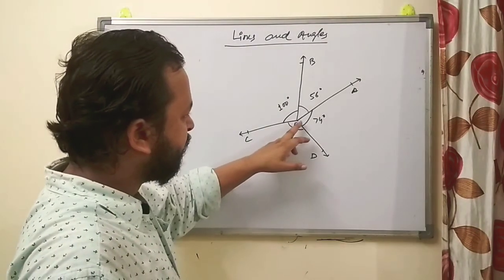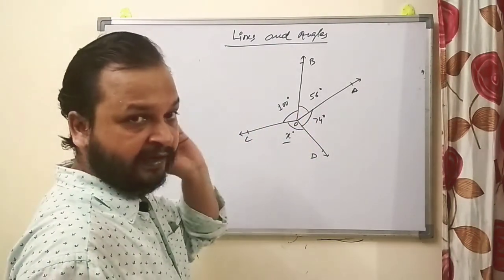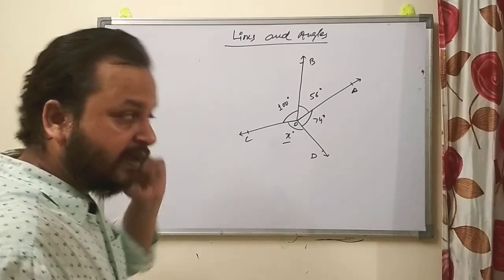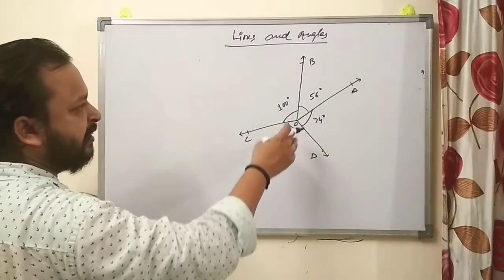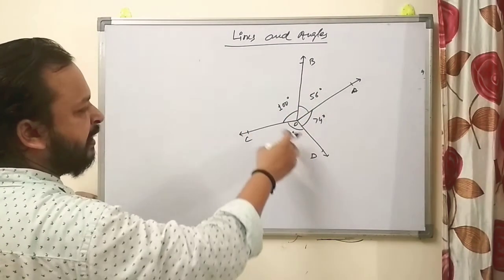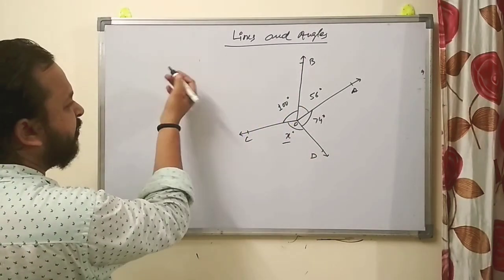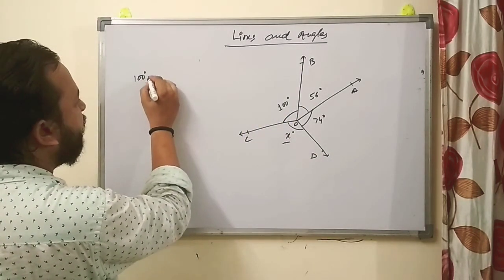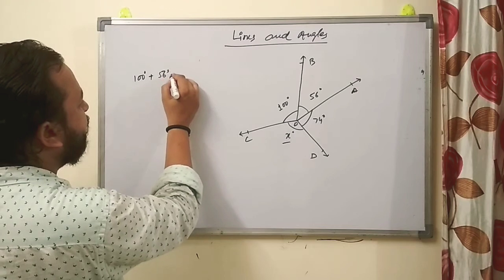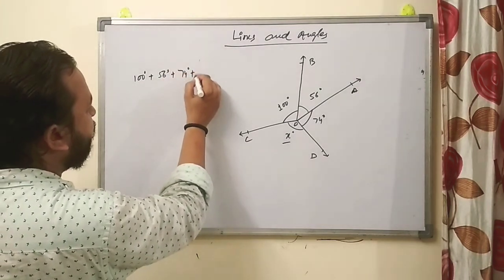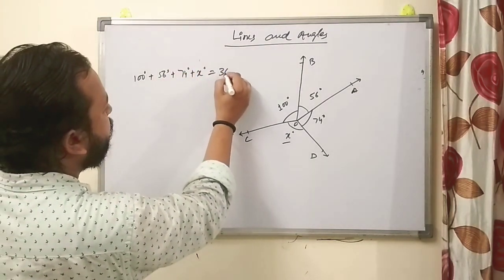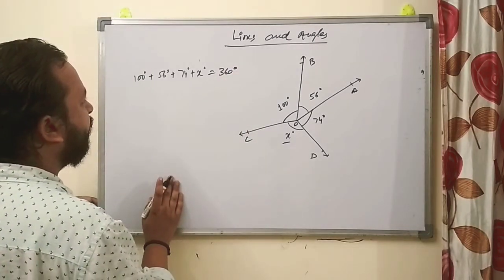So point O is making a 360 degree angle in total, right? So there are 4 angles, and the sum of all the angles must be equal to 360 degrees. So 100 degrees plus 56 degrees plus 74 degrees plus x degrees is equal to 360 degrees, right?